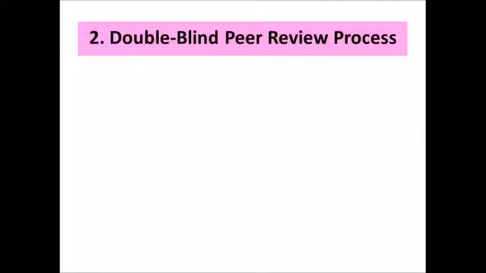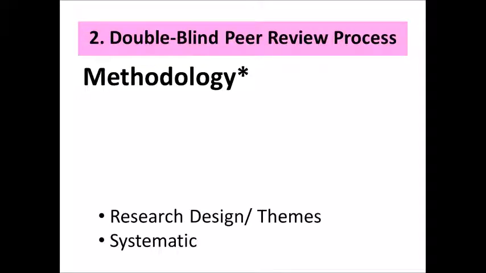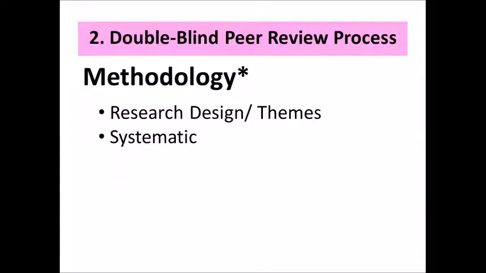Okay, next we go to the next stage, the peer review process. Most of the time, papers that are rejected tend to have some mistakes or flaws in the methodology part. The research design is not systematic, or it appears that there's no certain principle underlying the design.